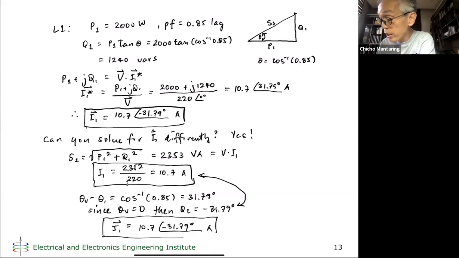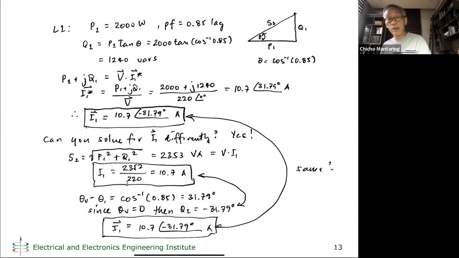So notice these two are the same. Again, I'm just illustrating there are many ways of solving for the quantities you need. In this case, I used complex calculation, which is very easy with my calculator.